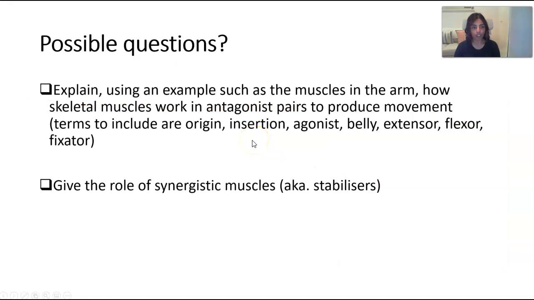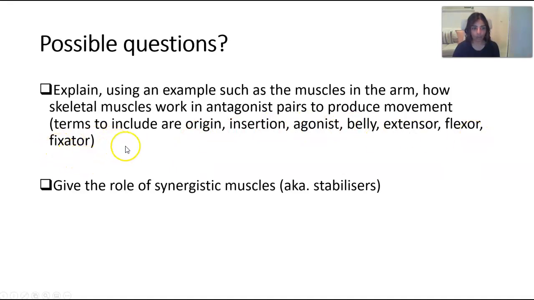Now that we've covered some of that learning of these different key words, an example of a question that you might get would be, explain using an example such as muscles in the arm, how skeletal muscles work in antagonistic pairs to produce movement. And you will have to include the terms origin, insertion, agonist, belly, extensor, flexor and fixator.